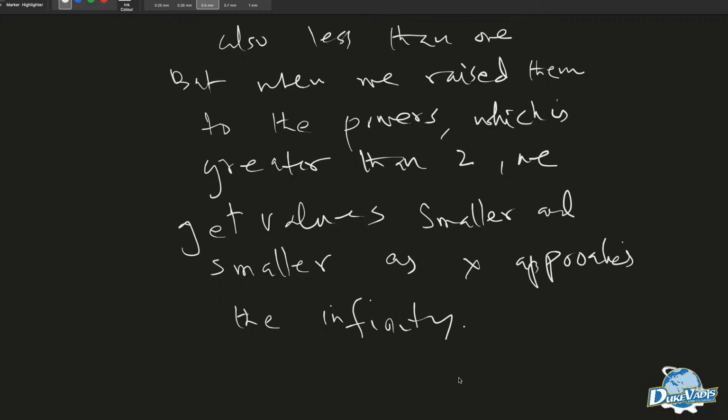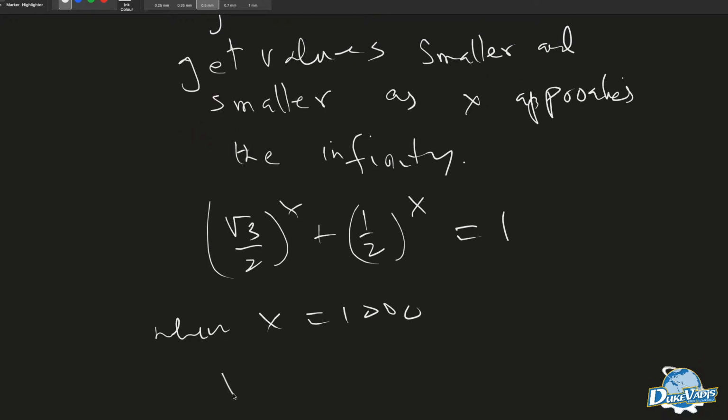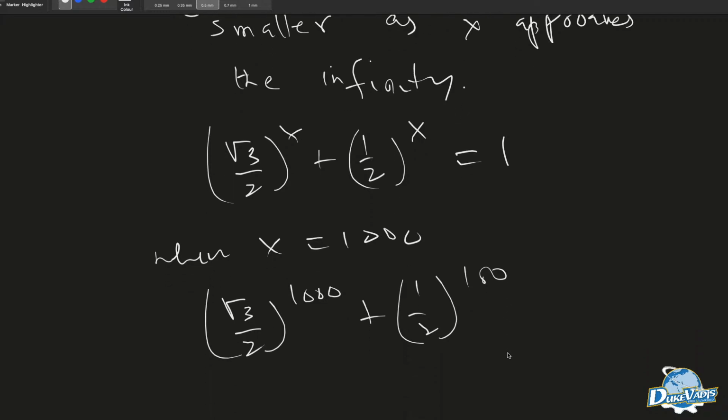As our equation was given, root 3 over 2 raised to the power x plus half raised to the power x is equal to 1. When x is equal to even 1,000, just look at what it's going to be. It's going to be root 3 over 2 all raised to the power 1,000 plus half raised to the power 1,000. You will see that this value becomes very tiny.